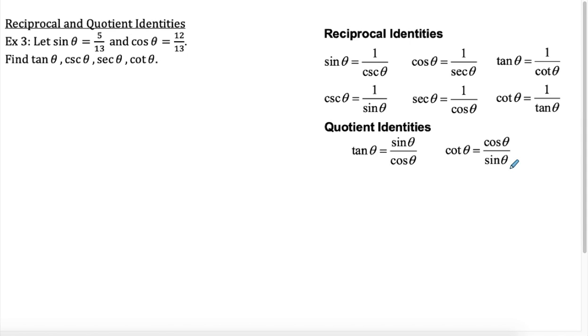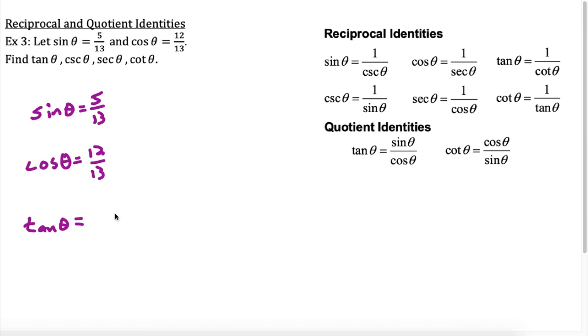Okay, so let's use our reciprocal identities here to figure out the rest of the trig functions given this. So let's say I know that sine is 5 over 13 and cosine of some angle is 12 over 13. Well, first, let's use the idea that we just talked about, tangent.